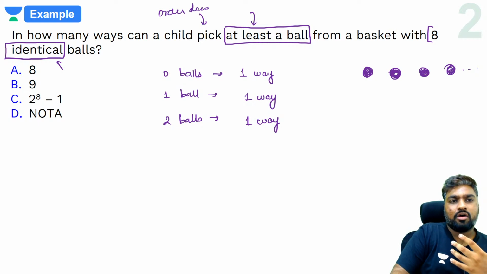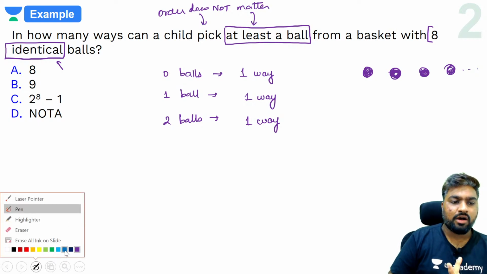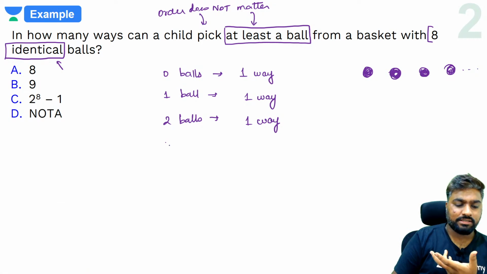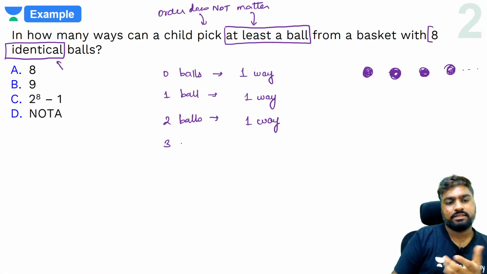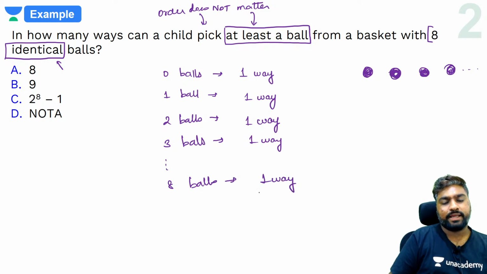Do you agree? I can pick in any order, and because these are the same balls, arrangement also doesn't matter. Same way for 3 balls, there will be one way. Likewise, to pick all 8 balls, there will be just one way of doing it.